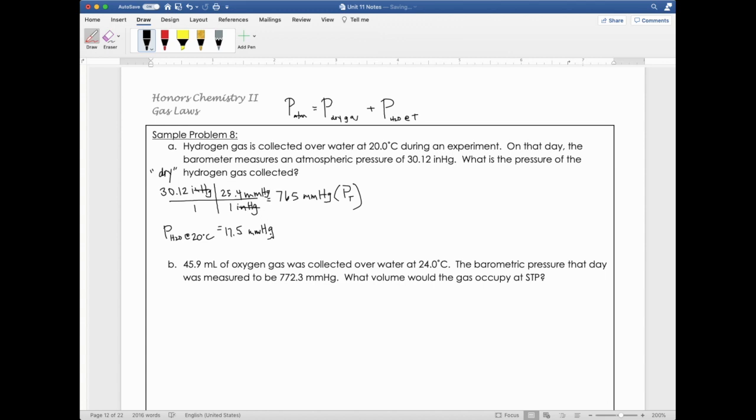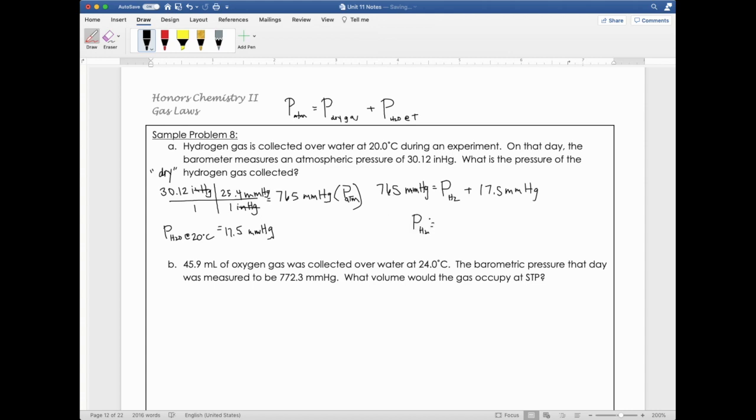Now that I have those two components, we can find the pressure of just the dry hydrogen gas. Actually, this right here is not just PT, it's atmospheric pressure, because that's what the barometer is reading that day. So 765 millimeters of mercury is equal to the partial pressure of the dry hydrogen plus the partial pressure of the water at 20 degrees, which I have as 17.5.